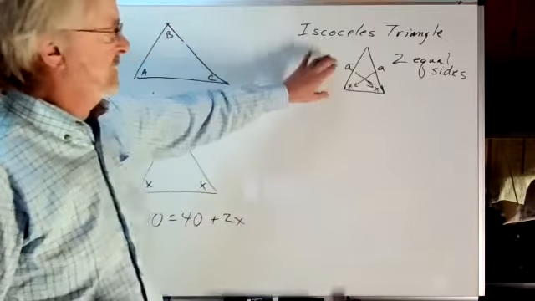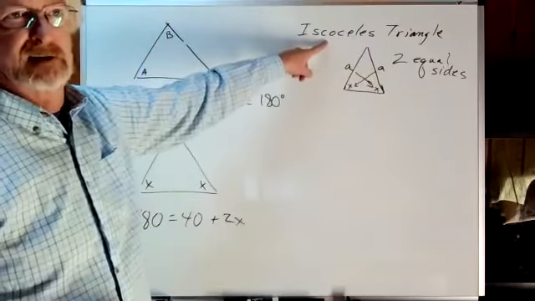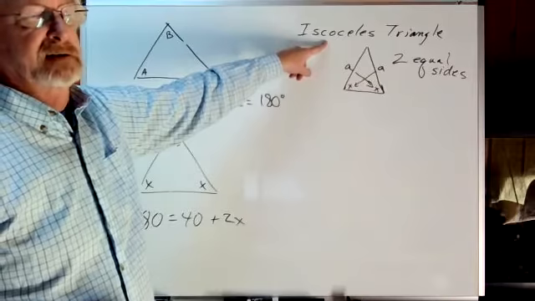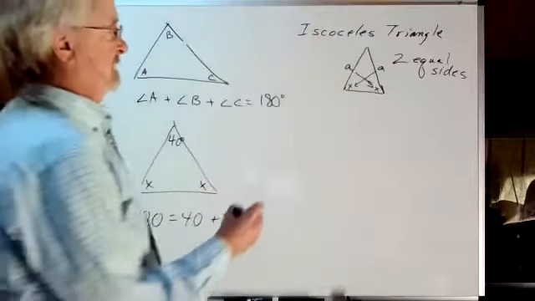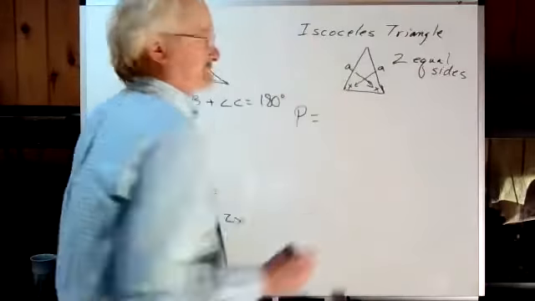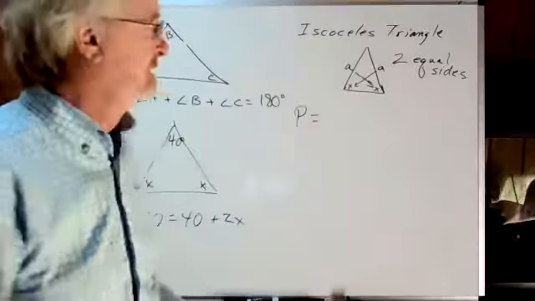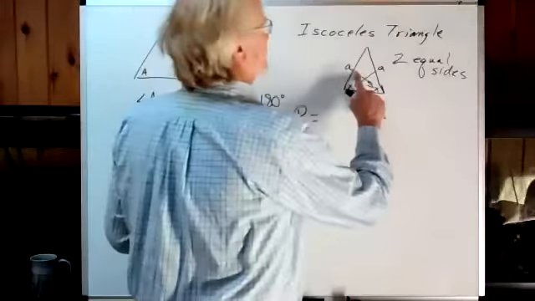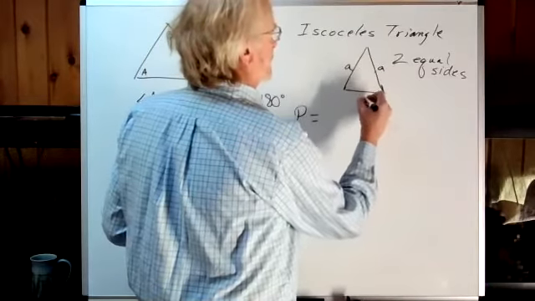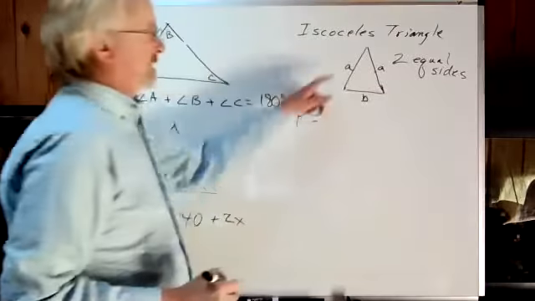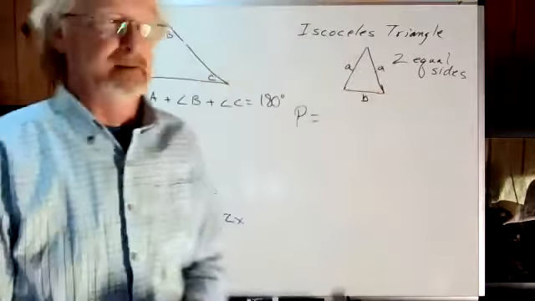But the problem that uses this expression, isosceles triangle, in your homework is a perimeter problem. So it's really how many sides? It's 3 sides this time that I'm going to add up. And let's call those 2A because they're the same, right?